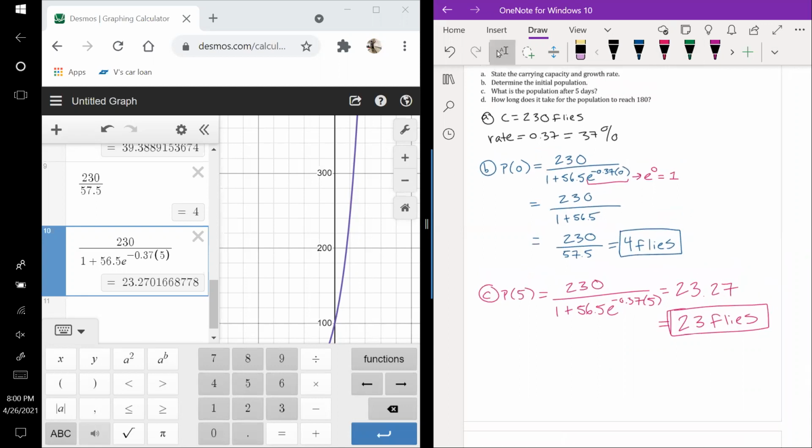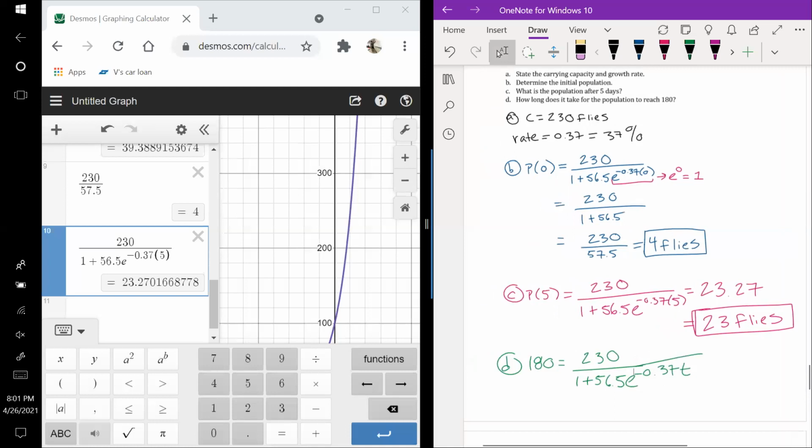All right. And D, how long will it take for the population to reach 180 fruit flies? So that means we take 180 and set it equal to our equation, which is 230 over 1 plus 56.5 times e to the negative 0.37t.